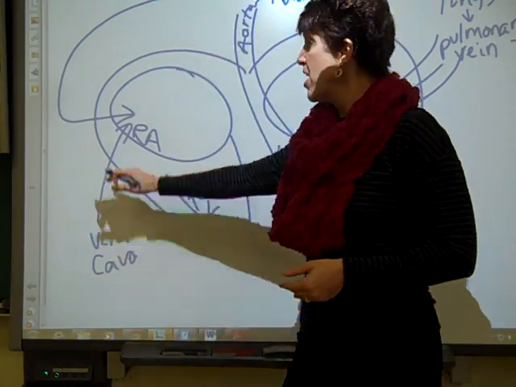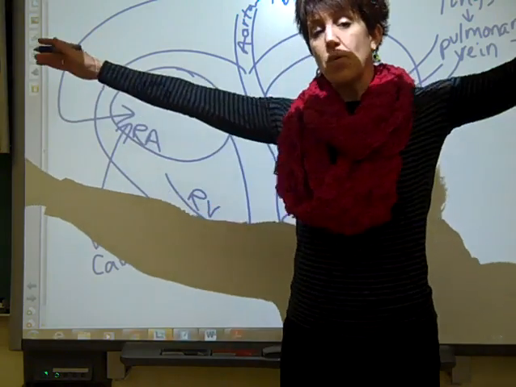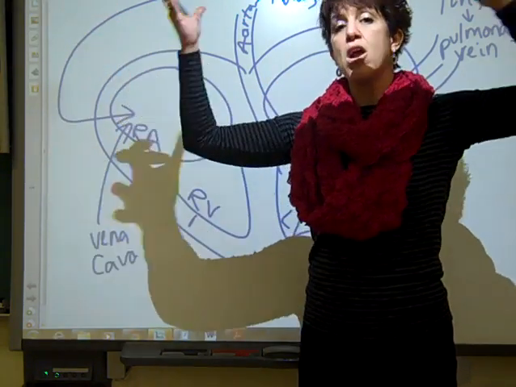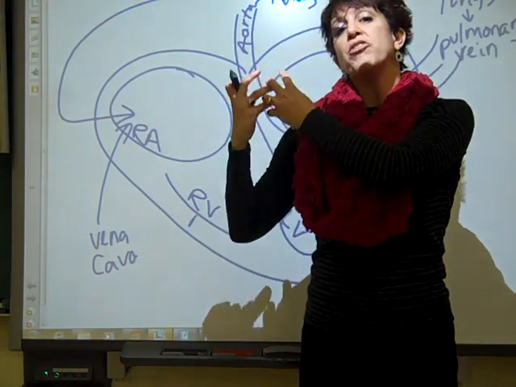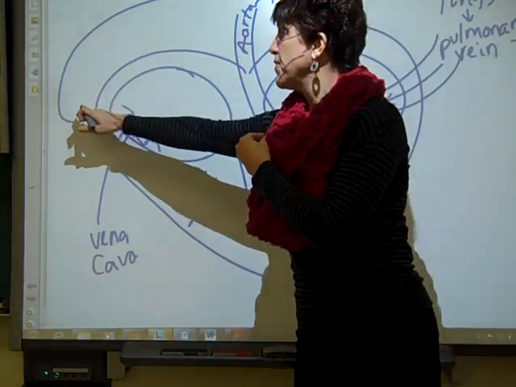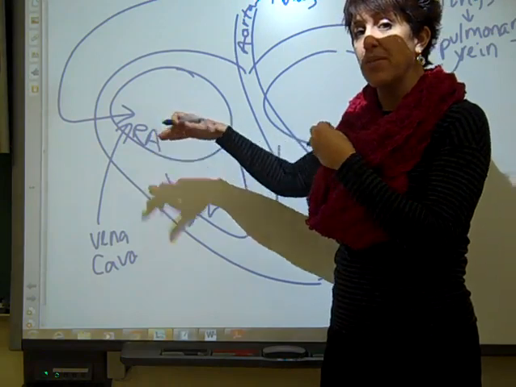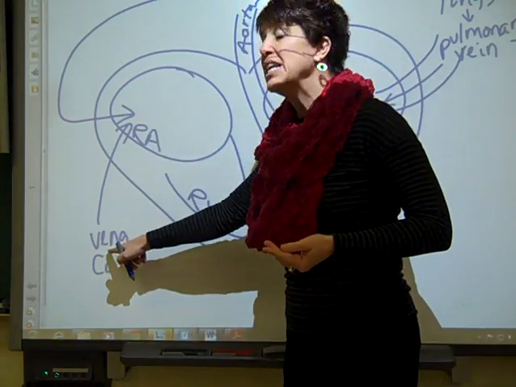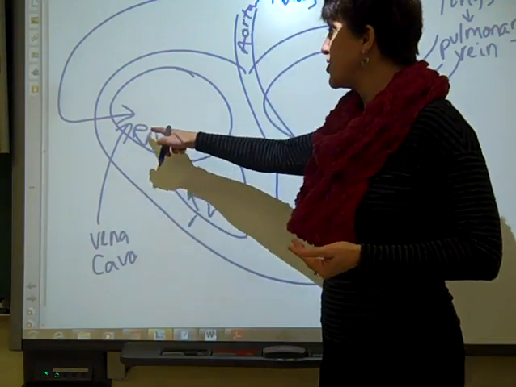Inferior vena cava, superior vena cava. So everything above your heart, if you hold your hands like this, they're above your heart. So from your arms and your head, all the blood will pool into the superior vena cava and go into your right atrium, and everything below your heart pools into the inferior vena cava and goes into the right atrium.